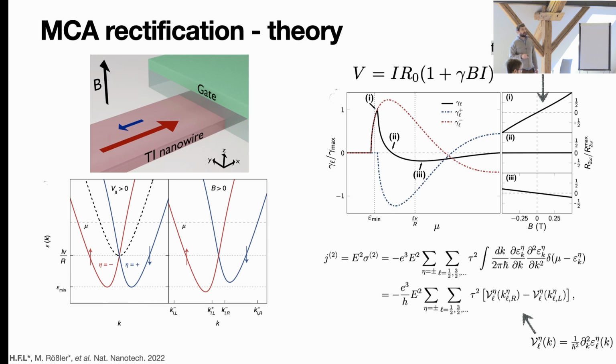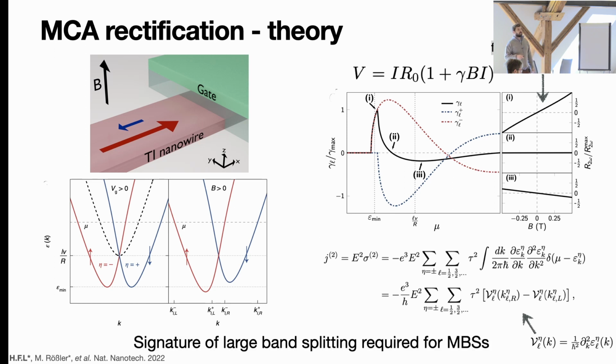At some point I get a change of sign of this gamma, the rectification coefficient that comes into my modified Ohm's law. That would be a signature of the large band splitting, which is required to get these Majorana bound states.